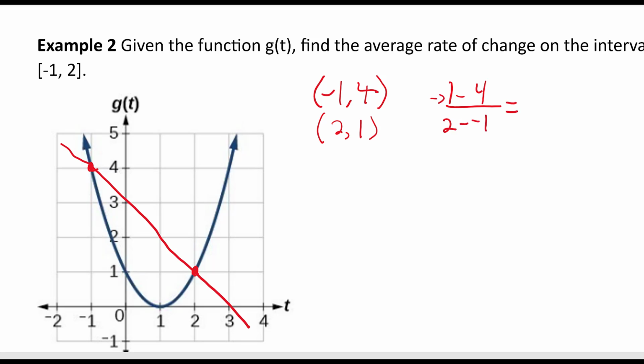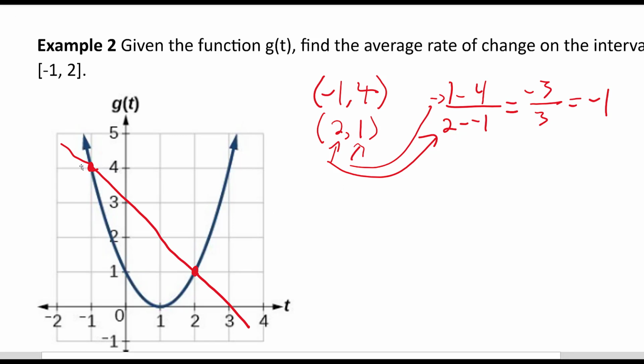So since I started with the 1 here, I have to go with that 2 to start at the bottom. So we have -3 over +3, so it's -1. That's our average rate of change. Even though it went down, it came back up a little bit.